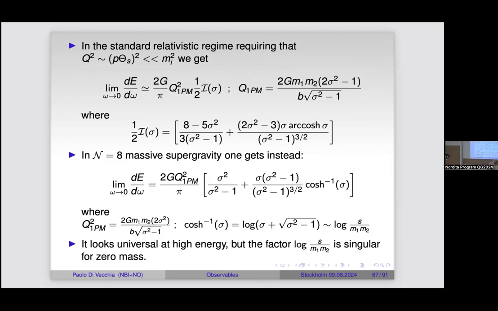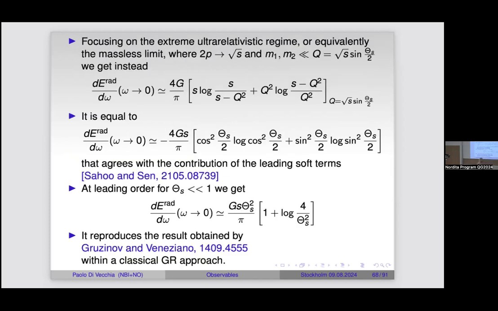But if you instead keep the expression complete, and you take the high energy limit, and also the possibility that the mass is smaller than q, then you get instead this quantity here, which you can show is equal to this, that agrees with the contribution of the leading soft term computed by Sen with completely different methods.